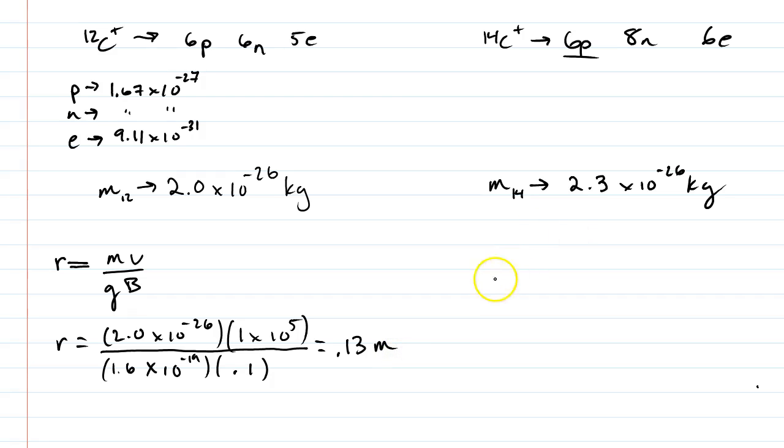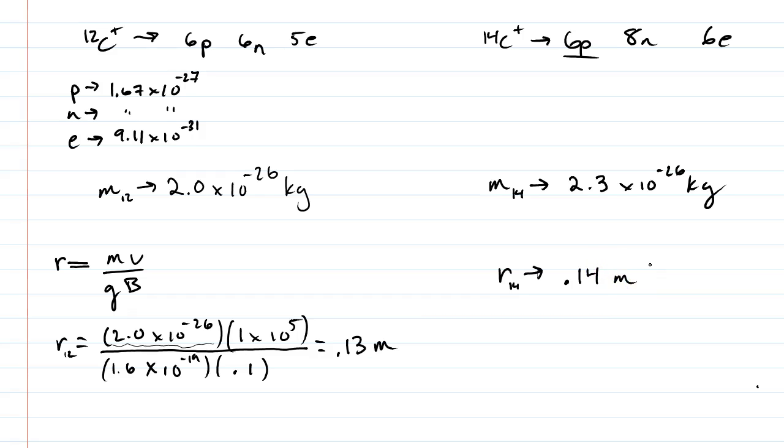Now if you work out the same thing for the other side, the radius of carbon-14, this was the radius of carbon-12, we would do the same calculation, just switching the mass. Working all these numbers out, I got 0.14 meters.